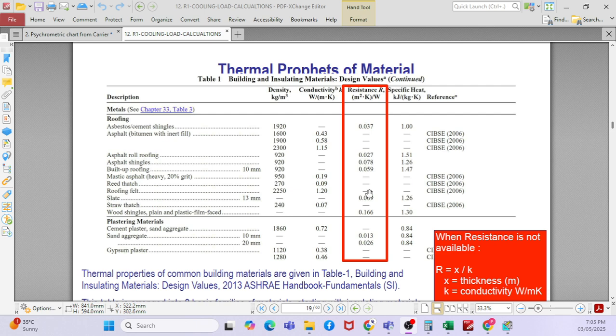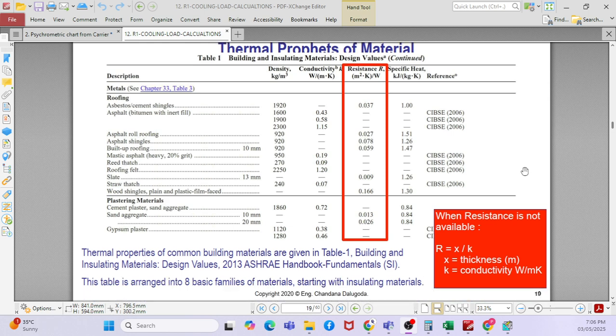At that stage, we don't have any procurement. Here they have also given that when resistance is not available, you can use the equation R equals L by K, where K is the conductivity of the material. So you can calculate R using the conductivity when resistance is not available. Clear?